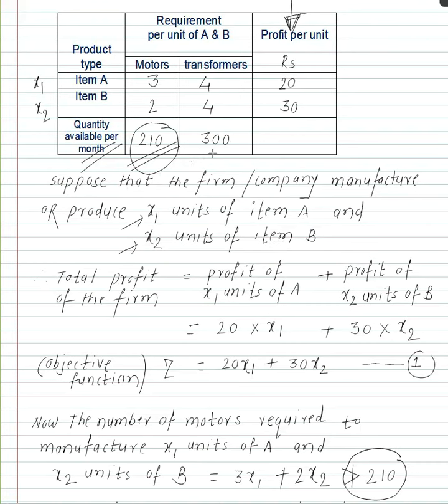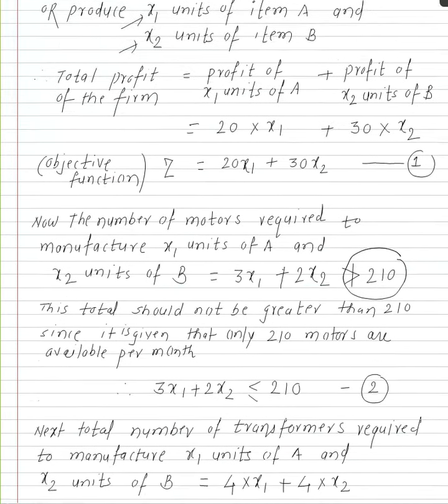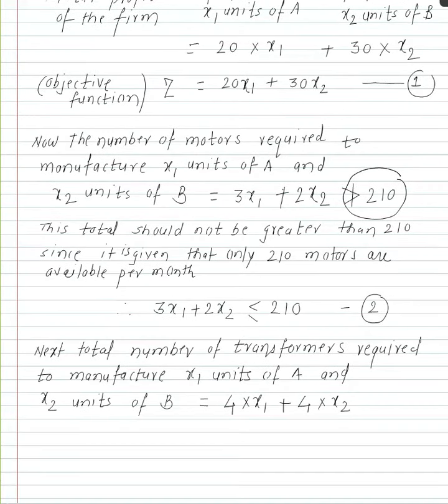But it is given that only 300 transformers are available per month. So this total number of transformers should not be greater than 300 because only 300 transformers are available per month.